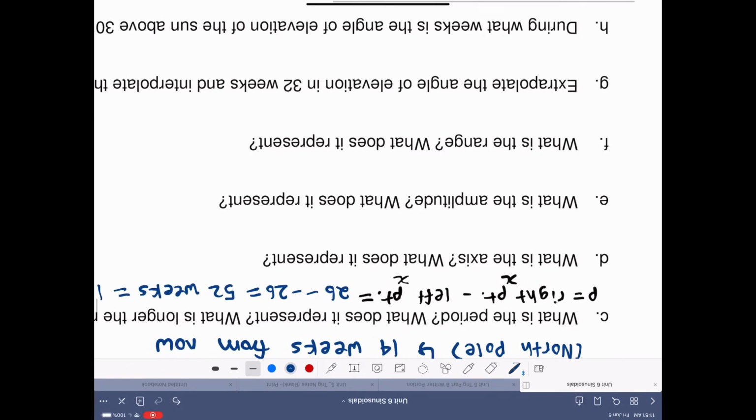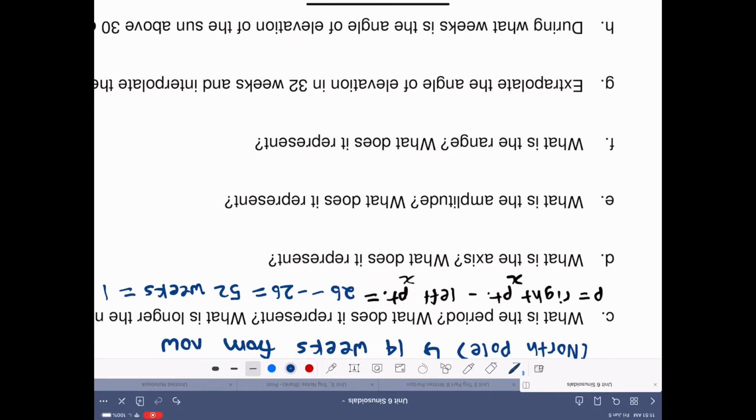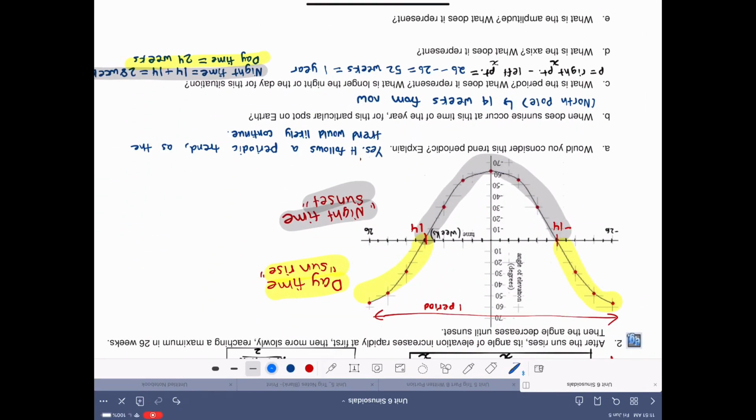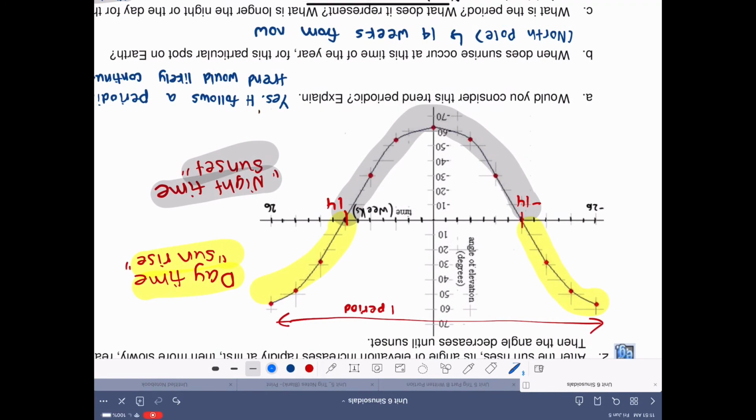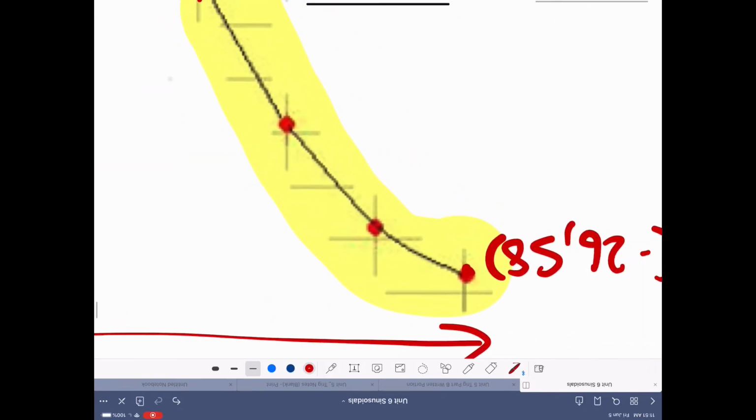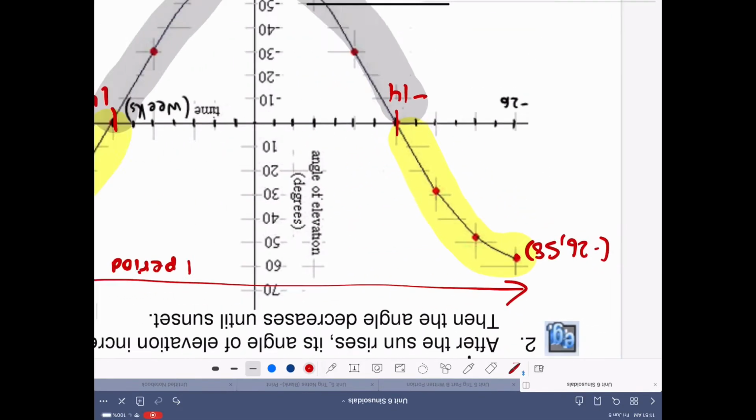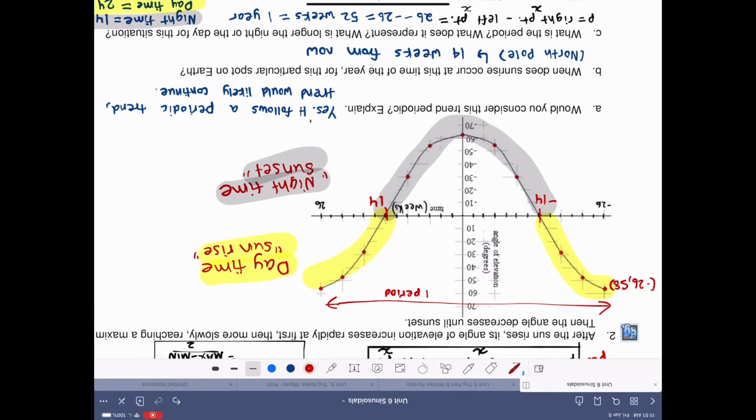All right, question D. What is the axis? What does it represent? So the axis, this is where the curve goes around, right? And so it's going to be somewhere between the max or min, and it's kind of hard to tell where the max and min is. So I'm going to tell you that this coordinate is negative 26, 58. You would have to zoom in very closely to figure that out. And I also need my min value.